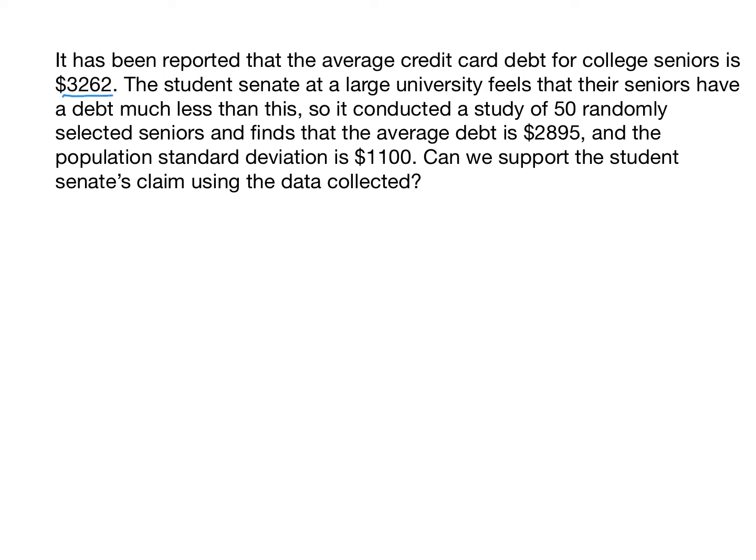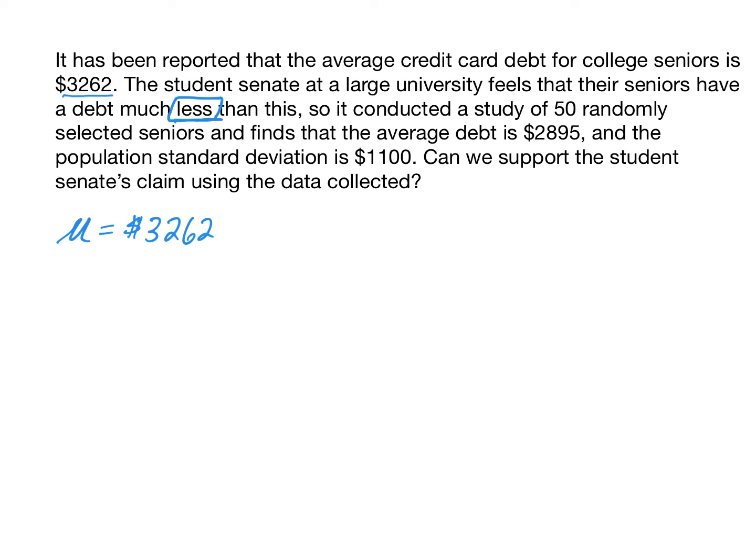So they're telling you that our mu, our population mean, is $3,262. The student senate at a large university, so this is a sample, feels that their seniors have a debt that's much less. Less is going to be a very important part of this lesson.